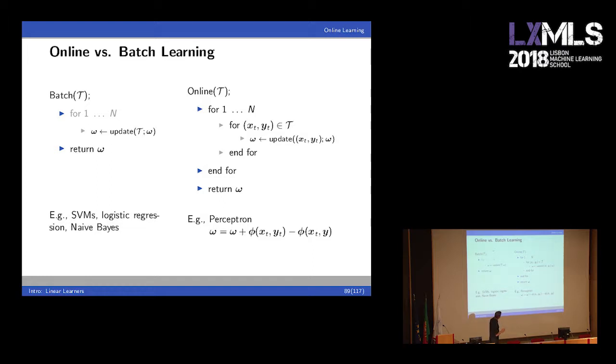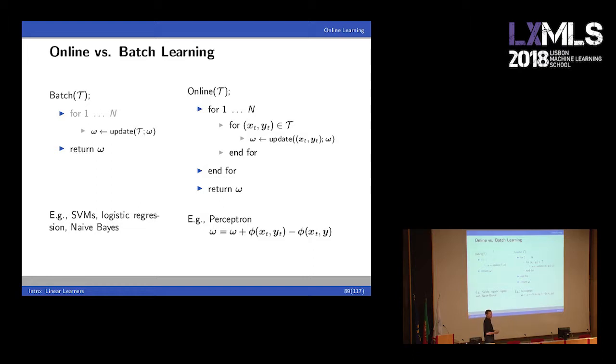In difference to online learning, batch learning was the initial way of doing machine learning or convex optimization, because the objective you're looking at is always an objective over the whole training set, over the sum of losses over the whole training set. So what you do is you run over your whole training set, calculate the gradient for the whole training set, and then you do one update.